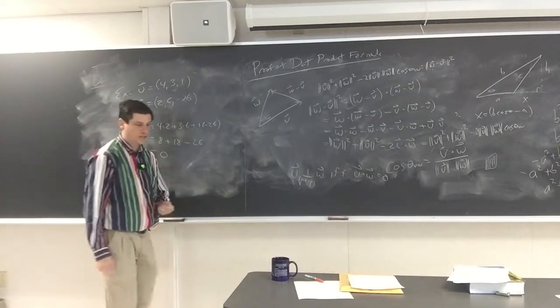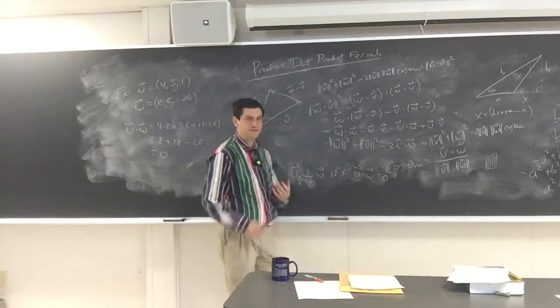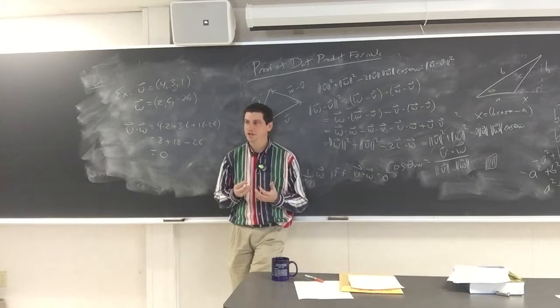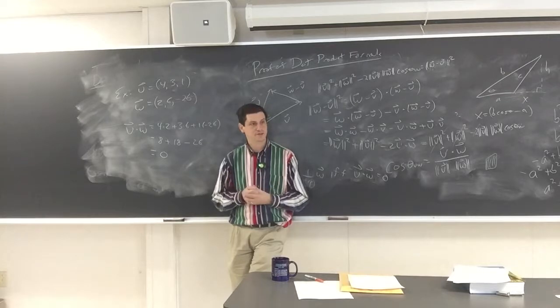Now, it turns out that, in general, you cannot define an operation which takes two vectors as input and gives you a vector as output. There is a situation where you can do that. It's in three-dimensional space. There's something called the cross product, which takes two vectors as input and gives you a new vector as output.